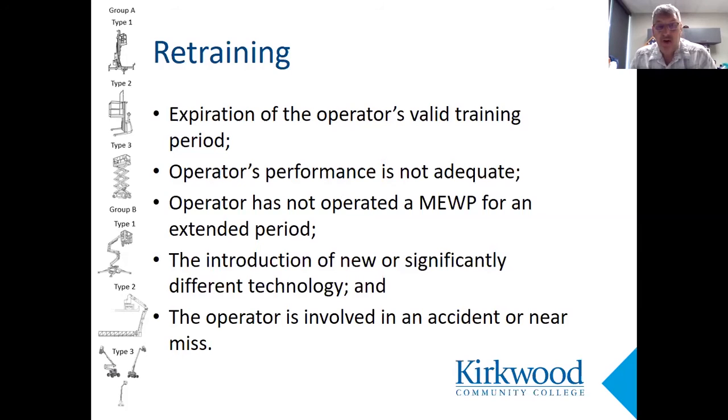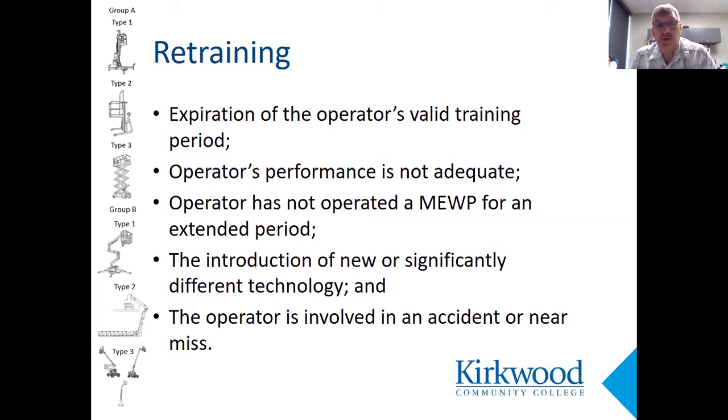The operators involved in an accident or near miss, don't forget those near misses. Like, woo, I got away with one. Well, next time you may not get away with one. As always, this training needs to be done by a qualified person, and you, the employer, needs to determine who that qualified person is.